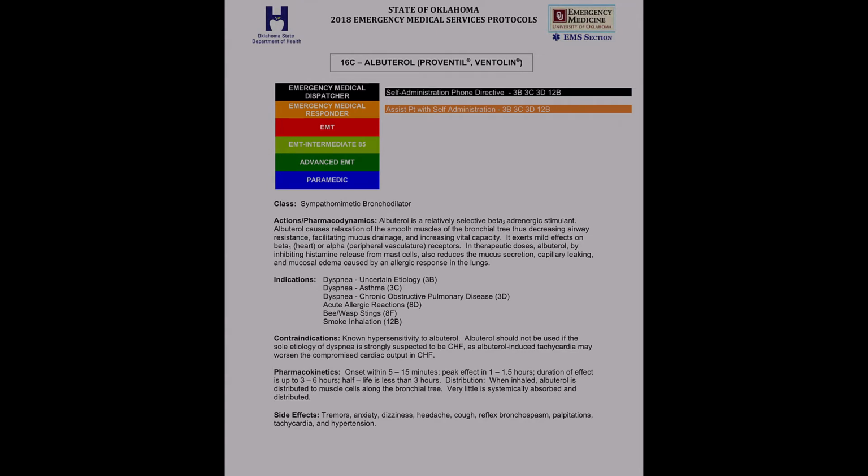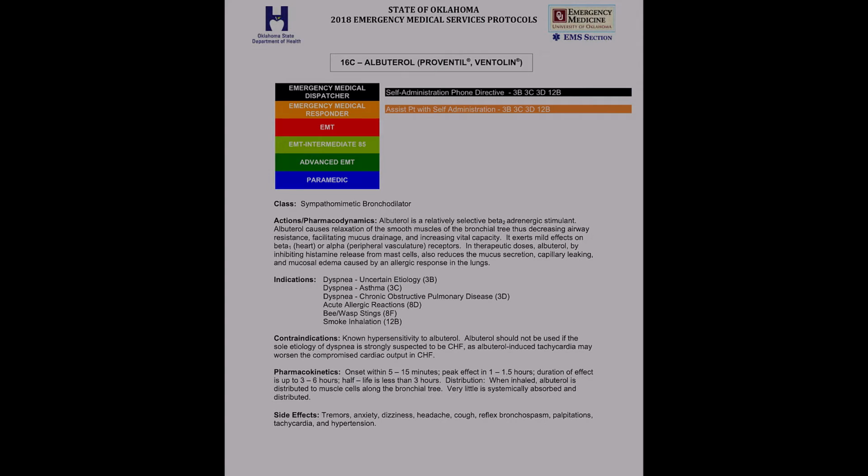It's kind of an old school way to do it. But we know that epi and albuterol are more important than Benadryl. Epi and albuterol both treat problems that are happening sooner. So it is more important that we give those two than Benadryl with allergic reaction.